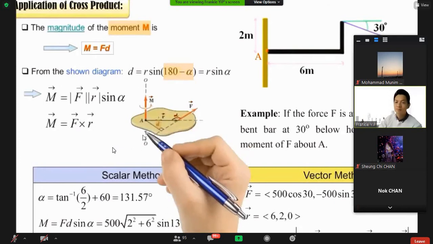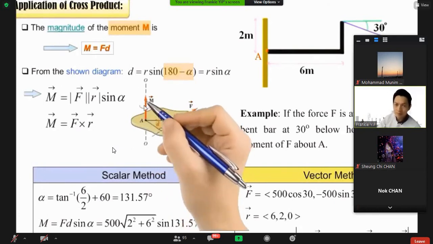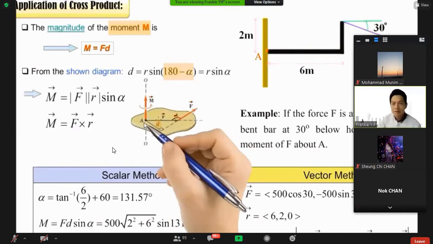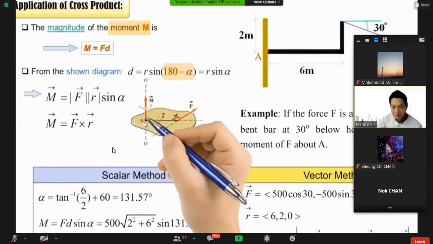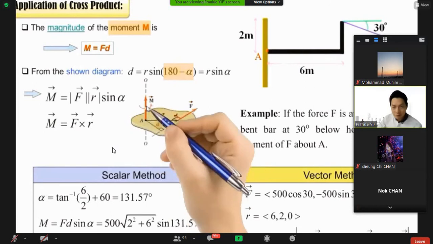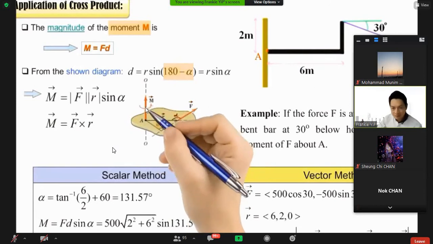Got it? So it's a little bit different from your physics. When something is rotating, at the axis of rotation, we have the vector coming out here. If this vector is a positive value, that means it's in the anti-clockwise direction. I'll tell you more about this later on.